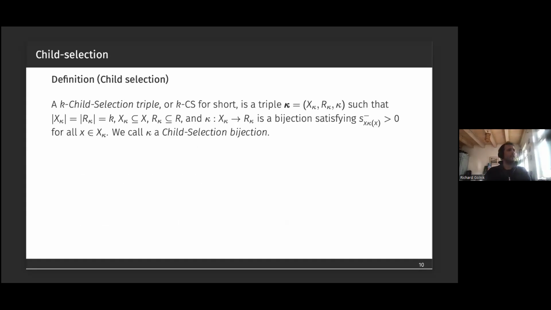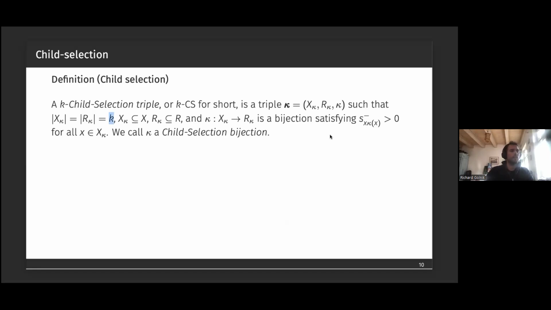And this can now be made formal by the concept of child selections. A child selection is formally a triple. It's a subset of the species and a subset of the reactions, which are of identical size, size k here.